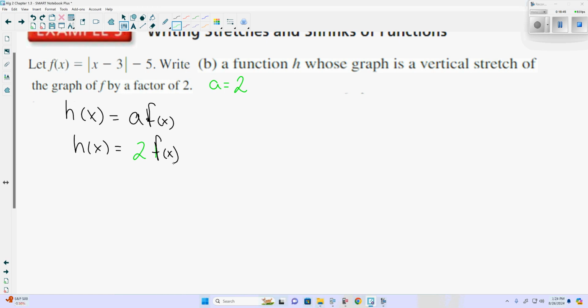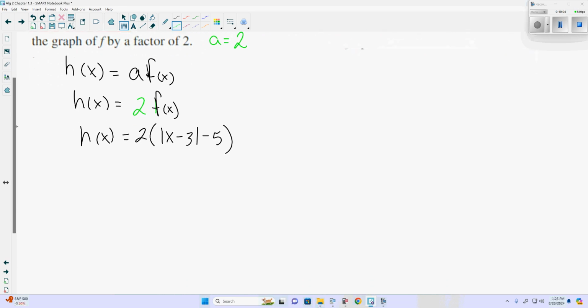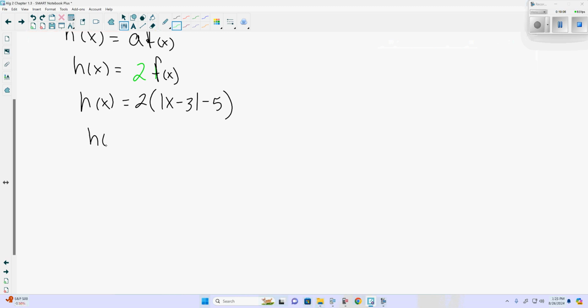Questions on this here? Well, now we need to replace f of x with its function, yes? Absolute value of x minus 3, minus 5. Questions on any of this so far? Questions on anything we've done so far?